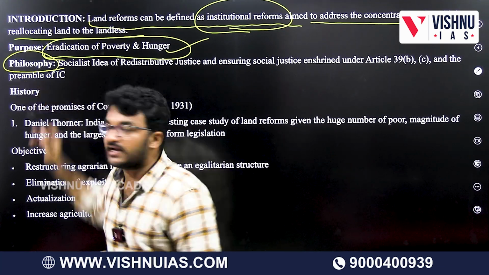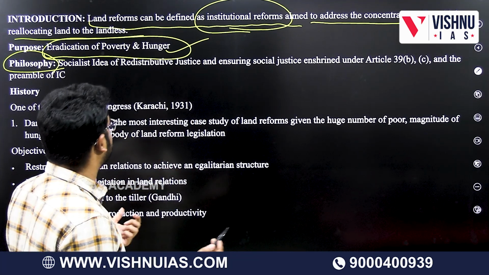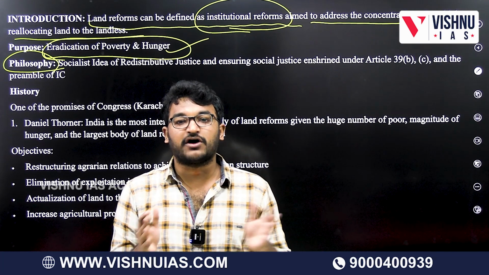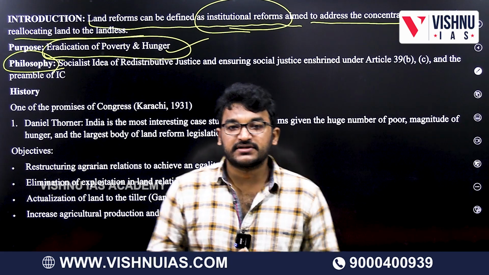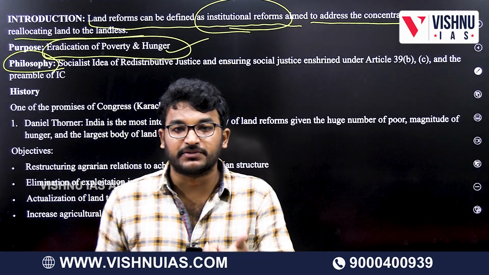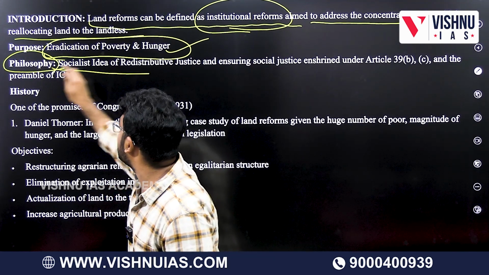And what is the philosophy behind these land reforms? The basic philosophy is that in our Constitution, in Article 39 B and C of our Directive Principles of State Policy, it is mentioned. Why has the idea of land reforms been mooted? Land reforms are a sort of socialist idea.